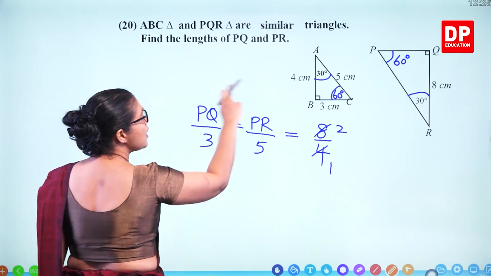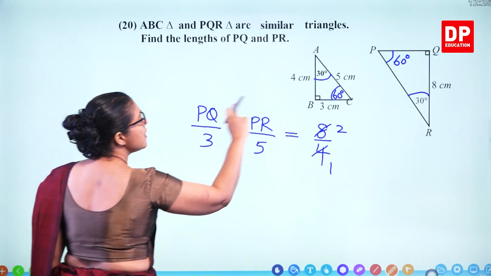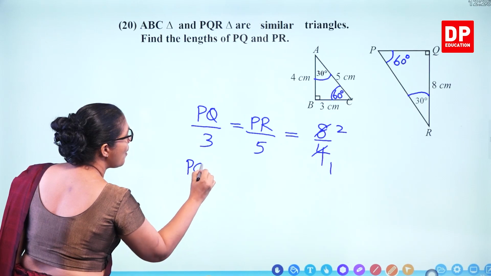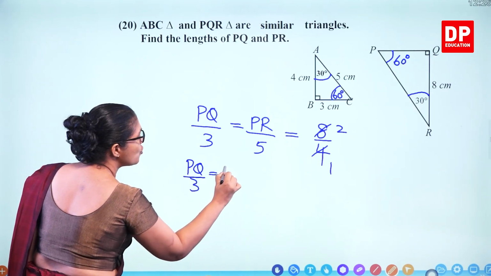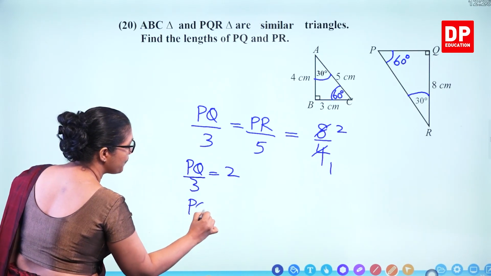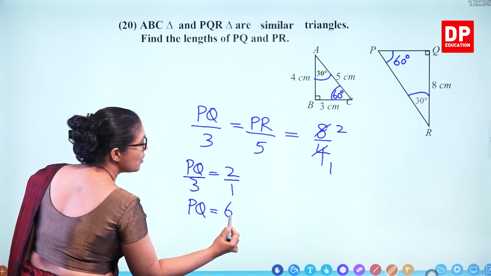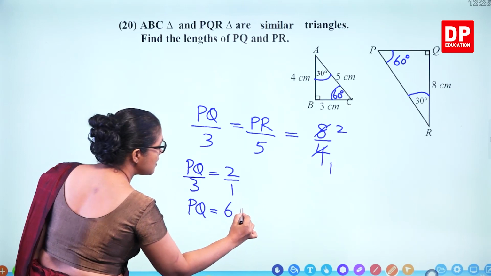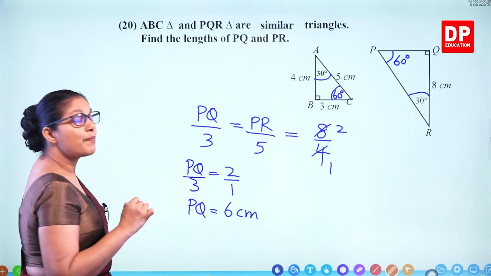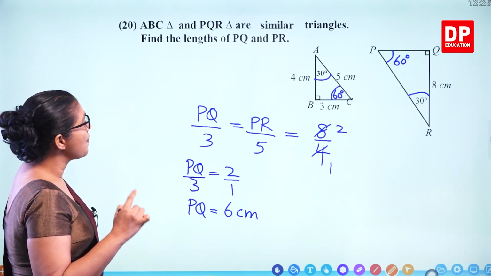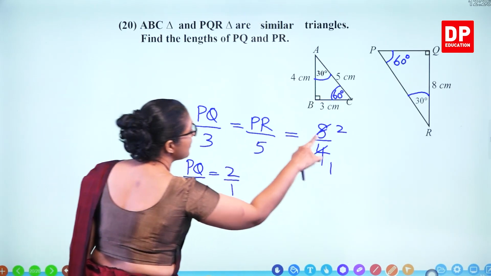So what is PQ? You can find out using these two equations. PQ over 3 is 2. So what's PQ? This is like 1, so 3 times 2, 6. So this is in centimeters. So you can write PQ is 6 centimeters. What about PR?